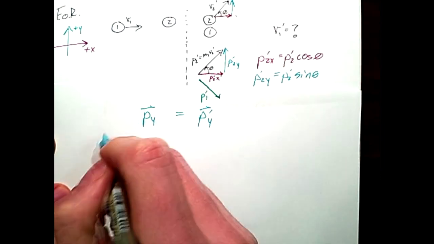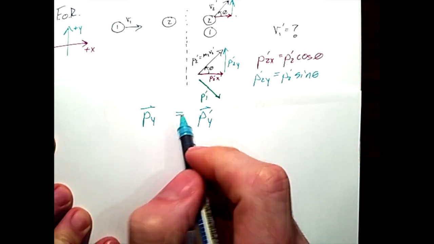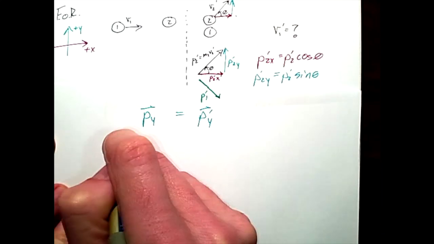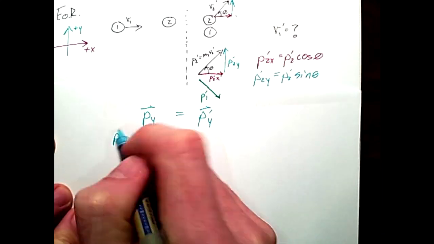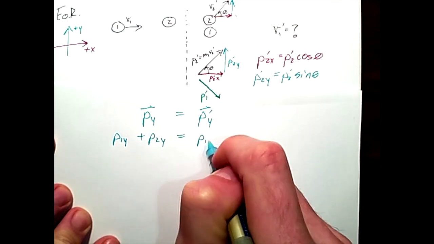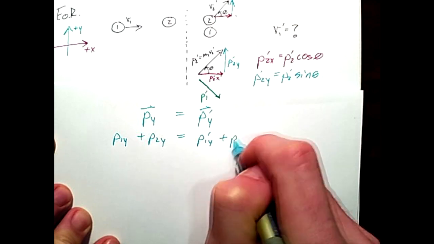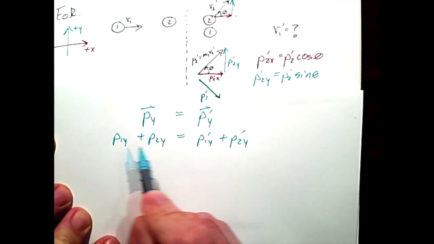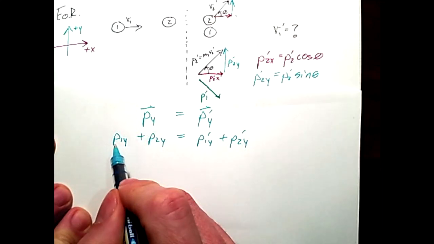And so again, the setup is the same as we were doing in linear, only now I'm thinking about it in y components only. And so I would say that P1y plus P2y is equal to P1y prime plus P2y prime.